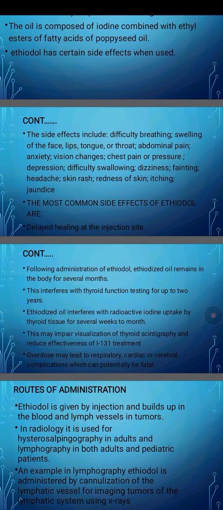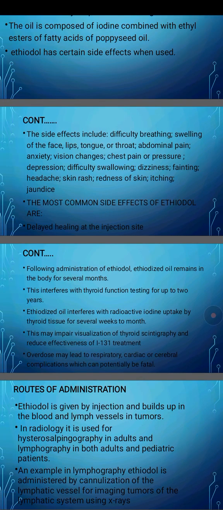In radiology, it is used for hysterosalpingography in adults and lymphography in both adults and pediatric patients. So, as mentioned there, in lymphography the drug is used in adults and pediatric patients, but in hysterosalpingography, it is only applied for adults.